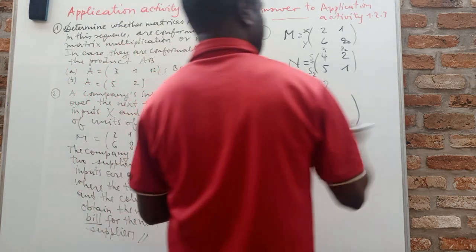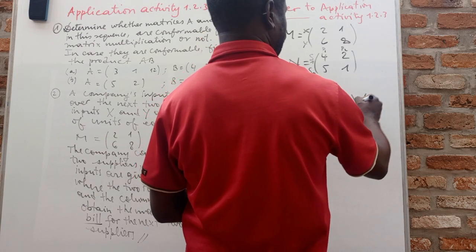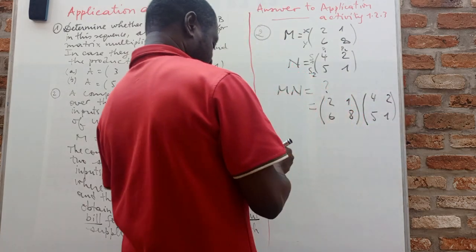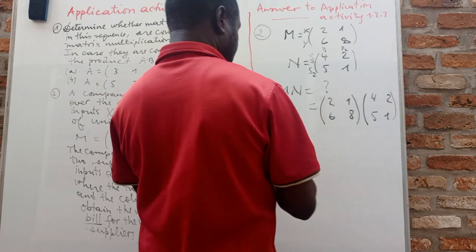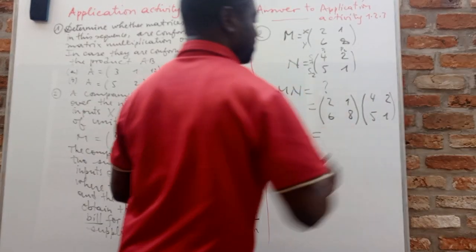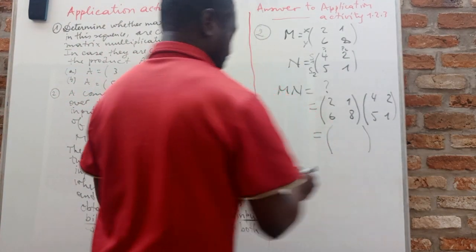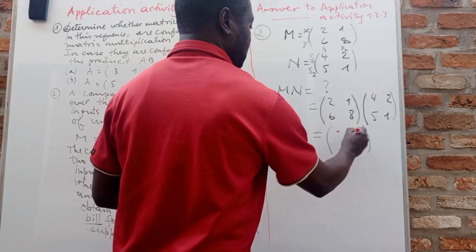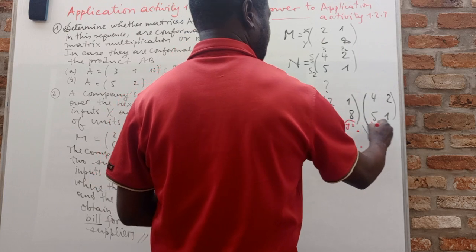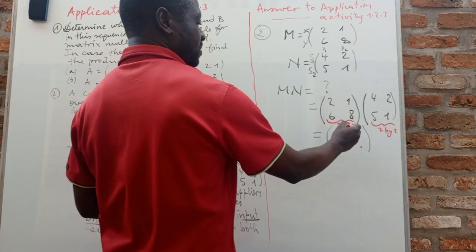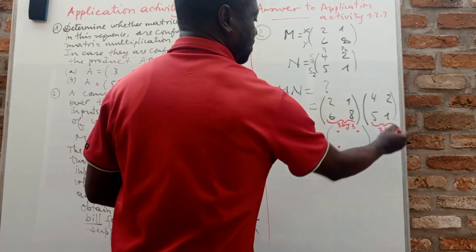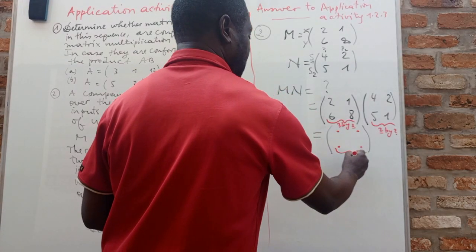These two matrices are conformable because the number of columns of the first is equal to the number of rows of the second, so the product will be a 2 by 2 matrix.